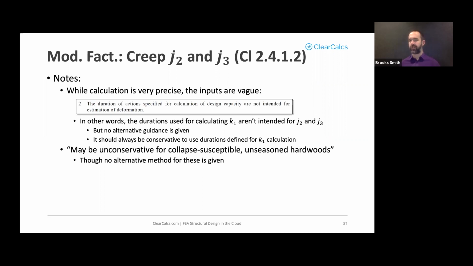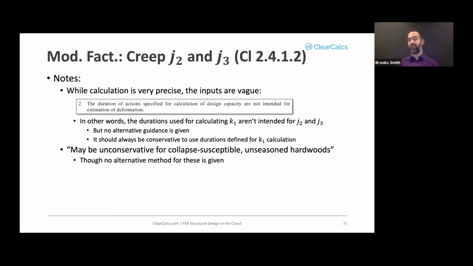Specific species are collapse susceptible or not, and I'll refer you to look up whether the species you're using is or not. But if you are using a collapse susceptible unseasoned hardwood, the standard doesn't actually give you an alternative method. It just says this may be unconservative. So use your engineering judgment for those. Maybe look up some research if you are designing with an unseasoned hardwood.